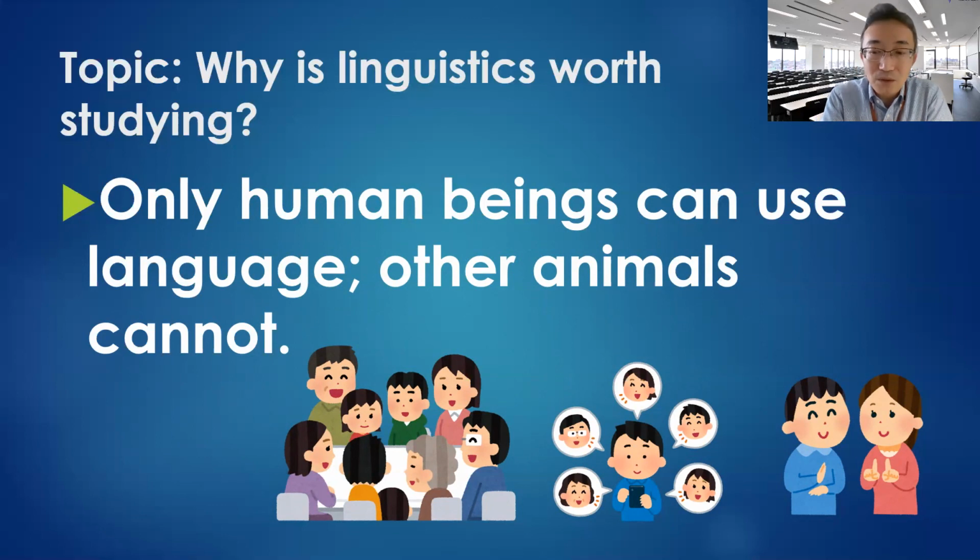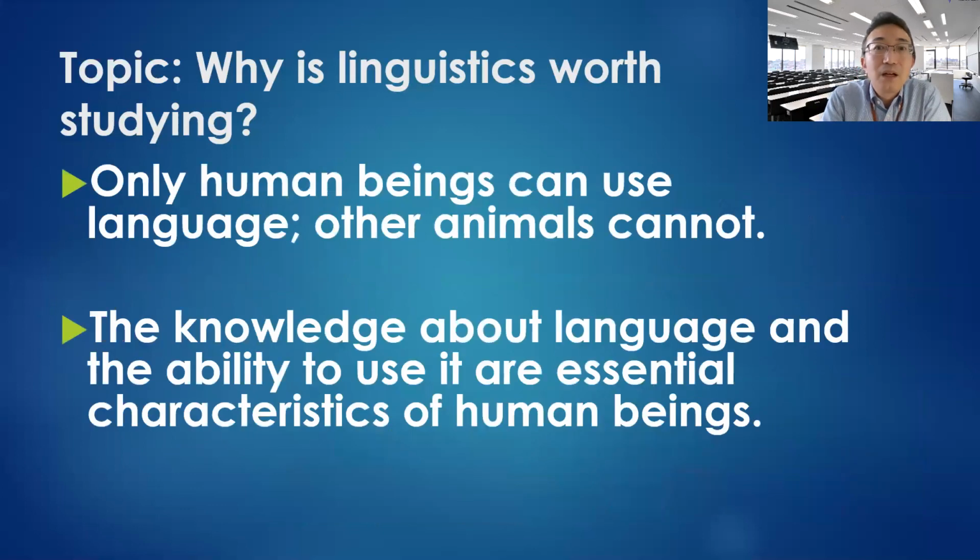Okay? So in these ways, human beings can use language, but other animals cannot. So what's the significance of this fact in the context of the reason why we need to learn linguistics? Only human beings can use language and other animals cannot. That means the knowledge about language and the ability to use it are essential characteristics of human beings.